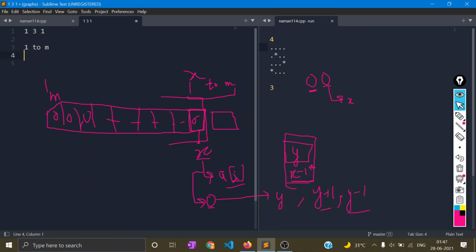We would create a table of possibilities. The table would be of size n cross n, and suppose the table name is dp.